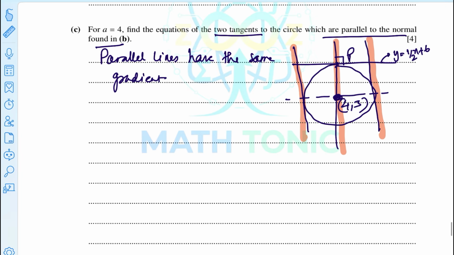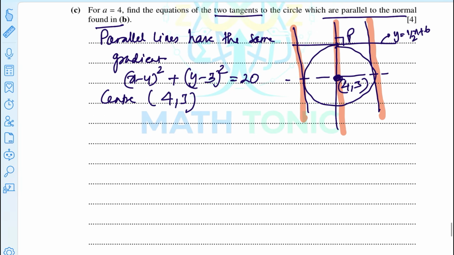Is it okay? So the circle equation we have, let me write down here: (x minus 4) squared plus (y minus 3) squared equals 20. And yes, the center of the circle is 4 comma 3. Is it okay? Right. If I take this point M and this point N, how do I find the equation of this one, MN? Tell me the gradient of MN.